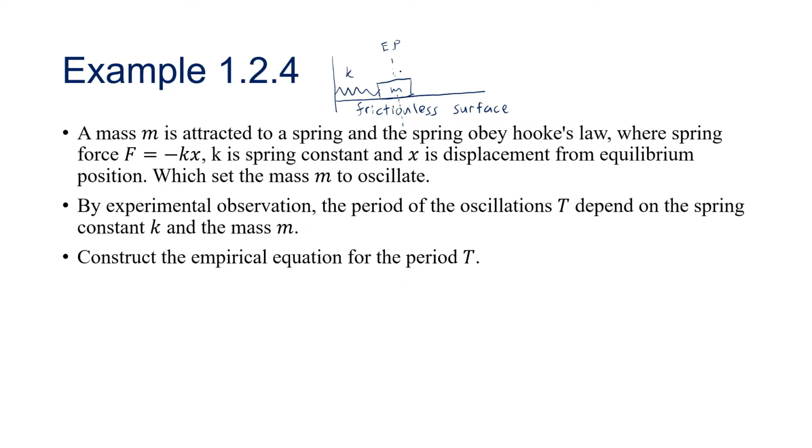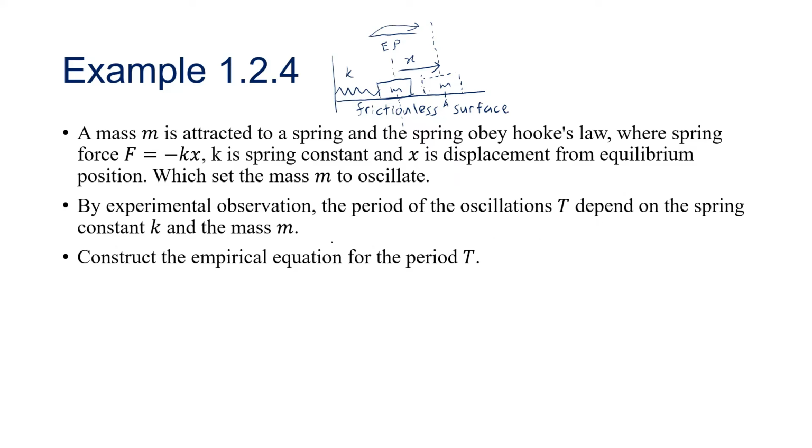We pull this mass some distance x from the equilibrium point and let go of it, so we can clearly see the mass will oscillate back and forth. If the mass starts at point A and ends at point A after one complete oscillation, the time taken is what we define as the period T. This is the definition of a period.